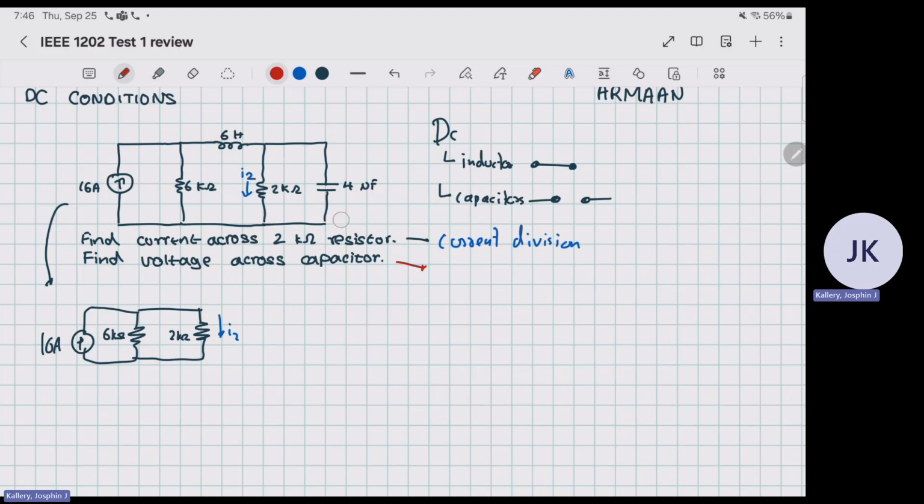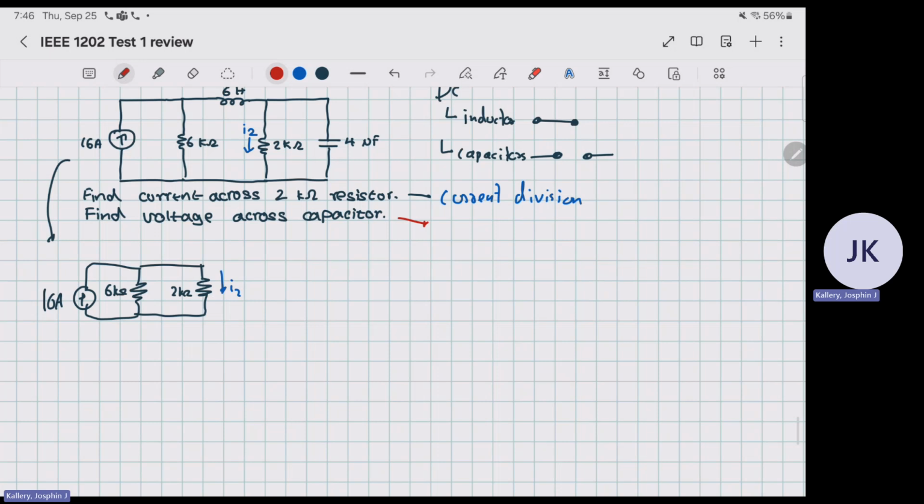So first step, let's find the current through the 2K ohm resistor, right? And that's current division. If you remember, your current across R2 equals your total current coming in, times the sum of the resistors, both 2K ohm plus 6 kilo ohm, and then we put the resistor here that we don't want to find the current of.